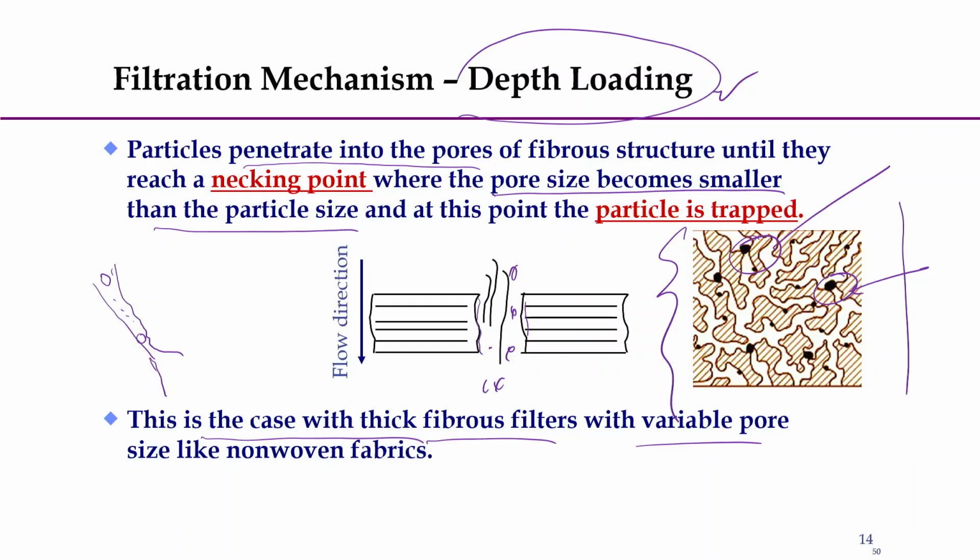So, not all the pores will be blocked, so the air can flow easily. But the main problem here is that it will be loaded and the cleaning will be difficult.